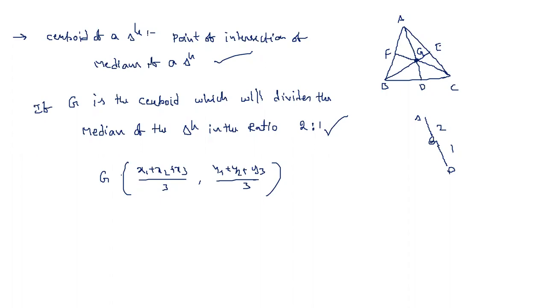So one more last topic we left in grade 10. What is it? Area of the triangle. How to calculate the area of the triangle ABC if A is (x1, y1), B is (x2, y2), C is (x3, y3)?